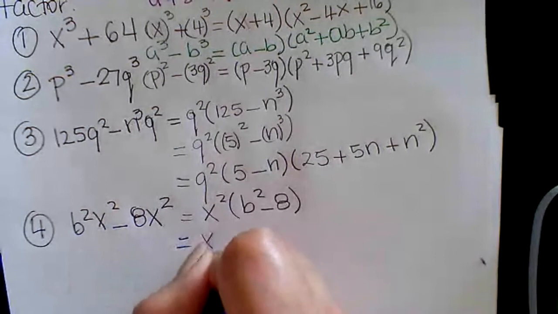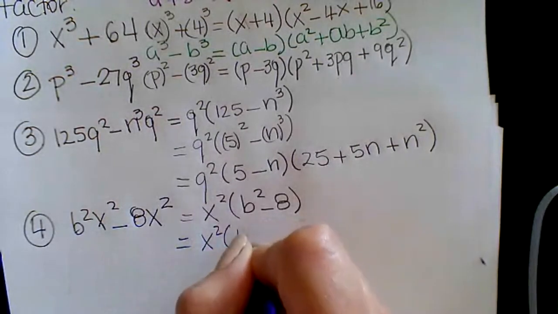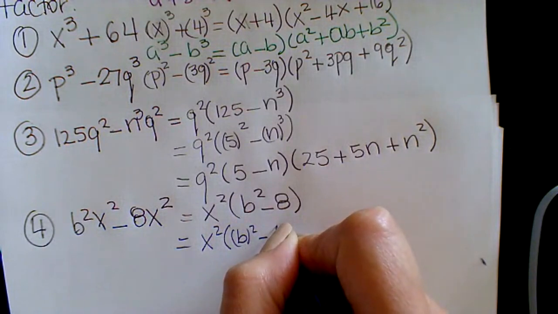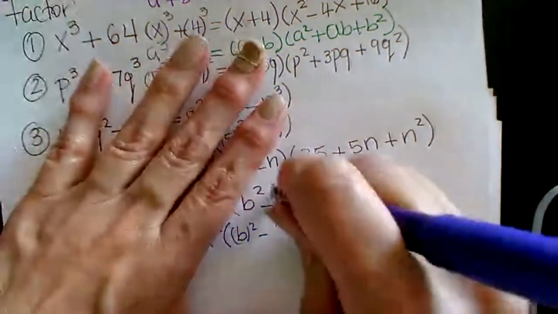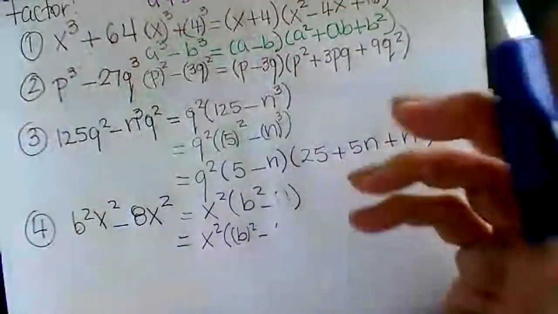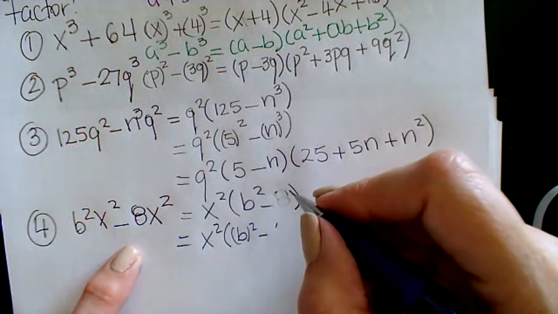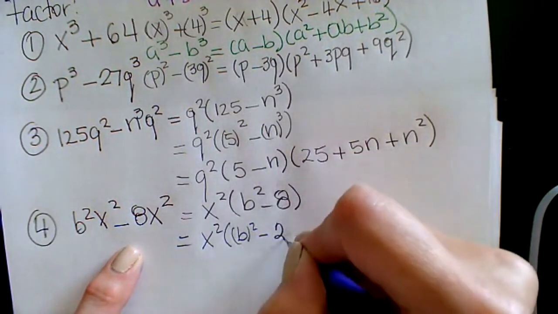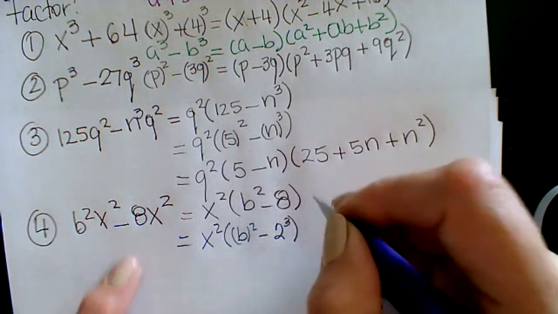So we know it's going to be what? This is 2, right? The 8 is fine, but 2 to the third power will be that.